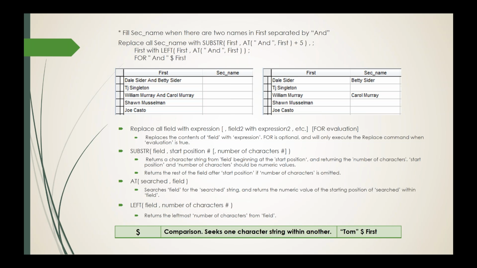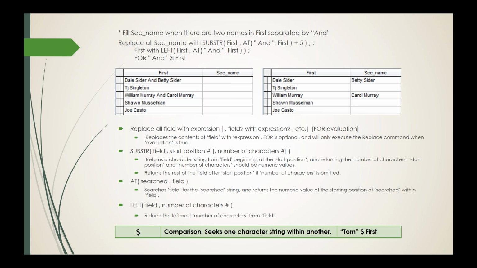Because in this case, once I find space "and" space, I don't need to add anything to that position, because for this function it's going to return 11, in which case it's going to stop right at that space character. So this left function is only returning, as far as the first record goes, the 11 leftmost characters in that field, which is exactly what I want. I just want Dale Cider.